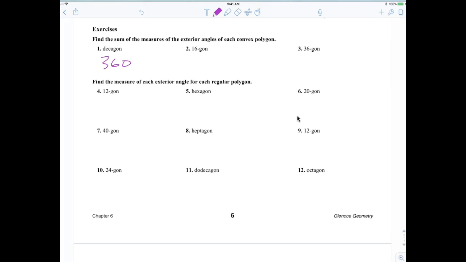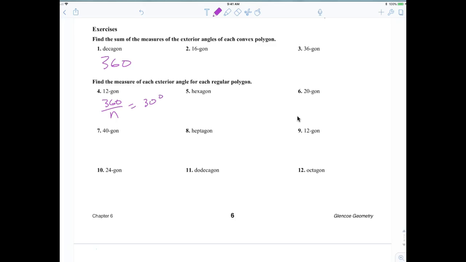The sum of the exterior angles is always constant. It's always 360 degrees. Now it says, find the measure of the exterior angle. If we want to find the exterior angle, it's always 360 over n. So 360 divided by 12, and so on.